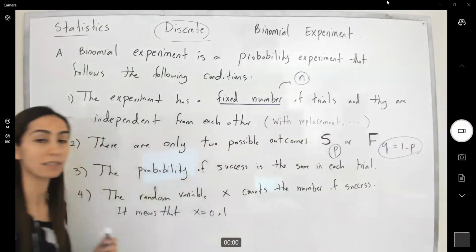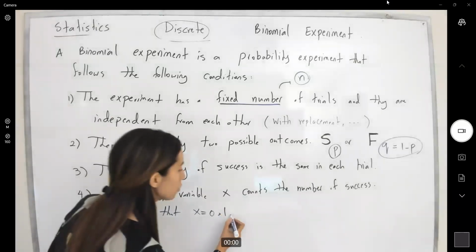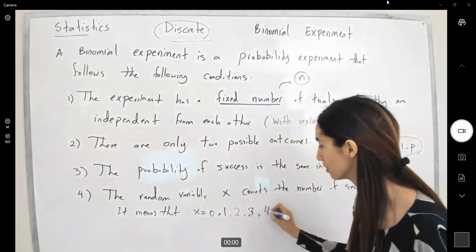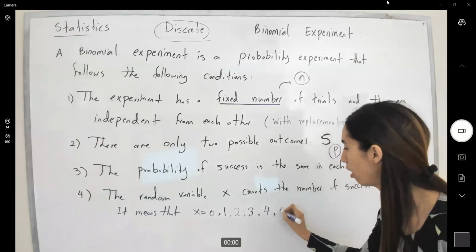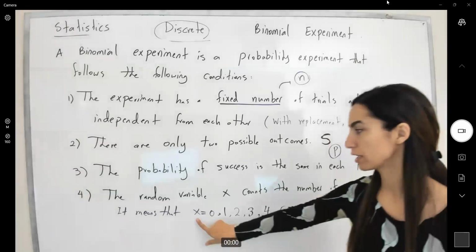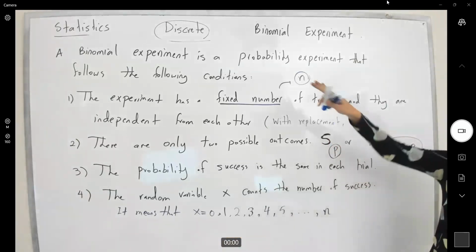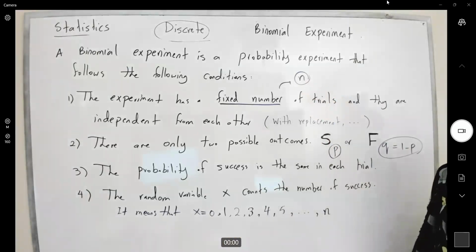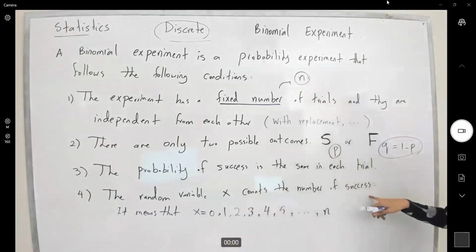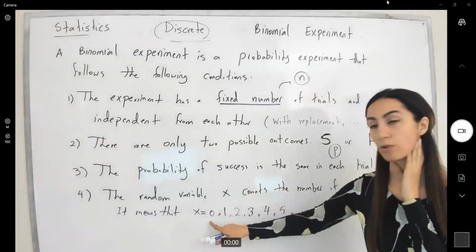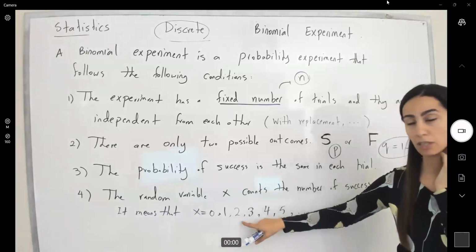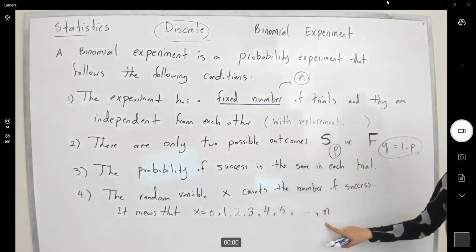Or just 1 success in the trial, or 2 successes, or 3, or 4, or 5, or it stops at N. So when you're talking about X in a binomial experiment, X counts the number of successes, and it starts at 0, no success at all, then 1 success, 2 successes, 3 successes, and up to N included.